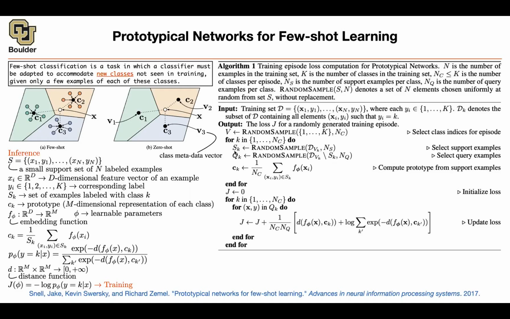S is going to give you your support. You create your C. These are these centers. Take your images, featurize them, compute your centers. Now that you have your centers, you can write down your loss function. How would you do it? Again, you go class by class. You picked 5 classes, and then you look at your loss function. This is basically you're taking a log of this probability.